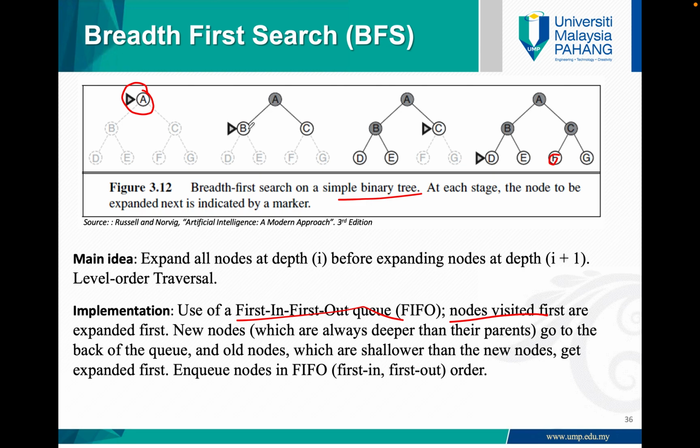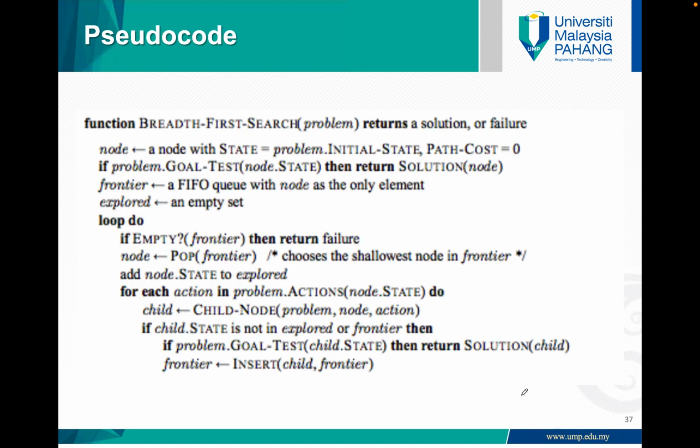Like for example here, E is the child of B, and B is the child of A. And E is deeper compared to A. So parents always have shallower nodes. So the nodes are enqueued in first in, first out order. That's how the BFS algorithm works.